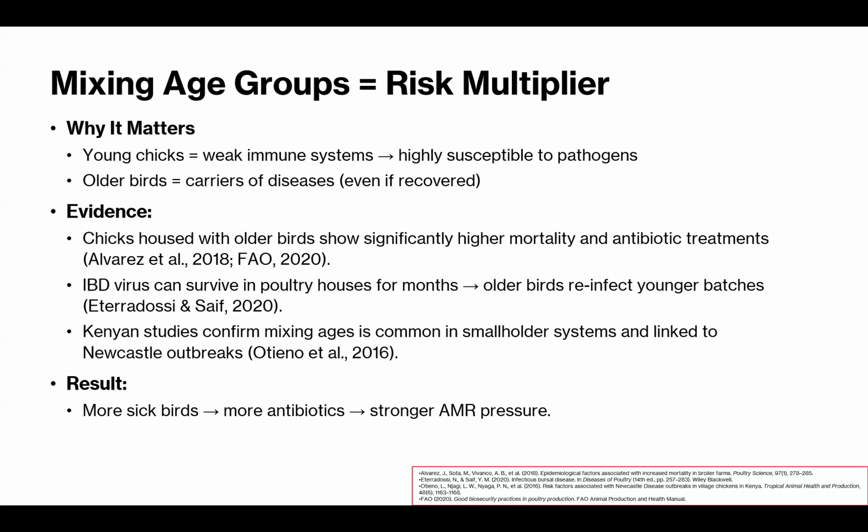And this is about separation between birds, which is something that we'll cover later on. It's common, especially in Kenya, that mixing ages occurs in smallholder production systems, and it's linked to Newcastle outbreaks. Very straightforward. More sick birds, more antibiotics, stronger AMR pressure.